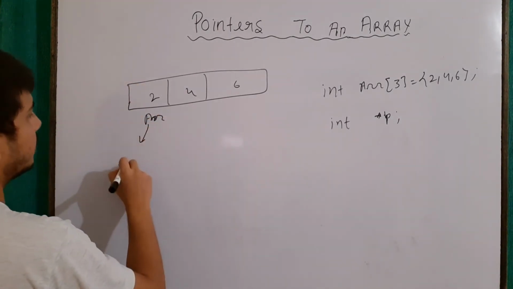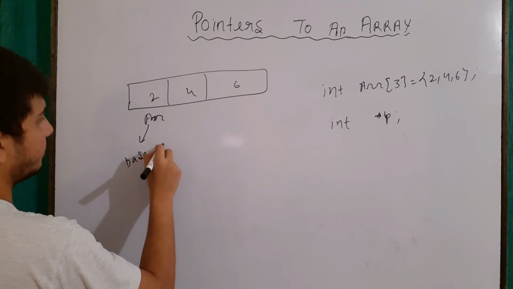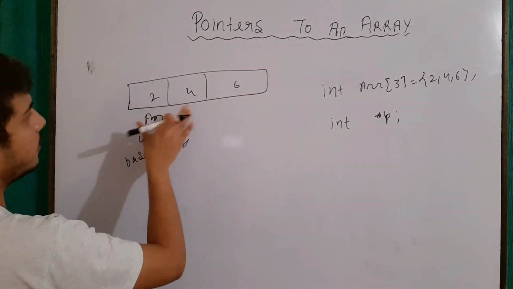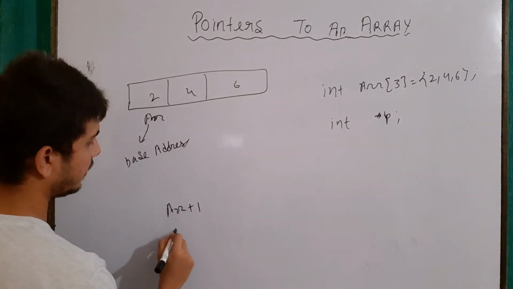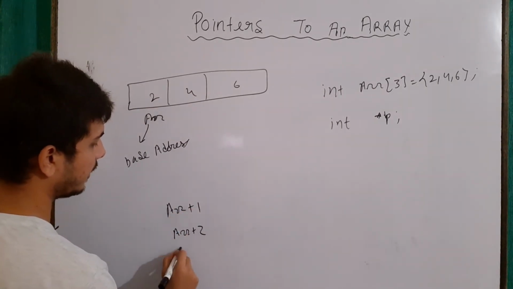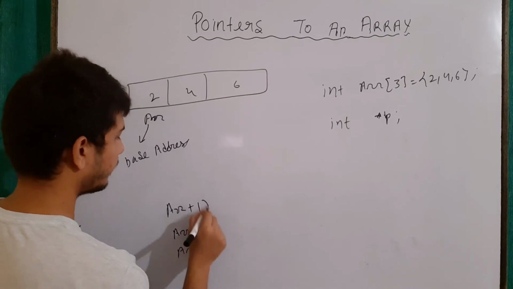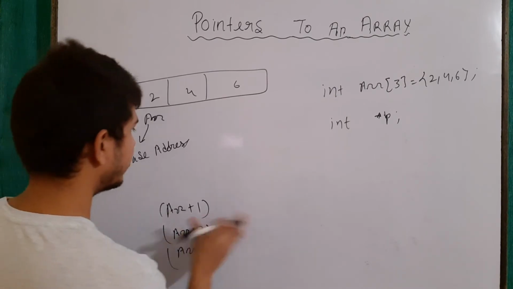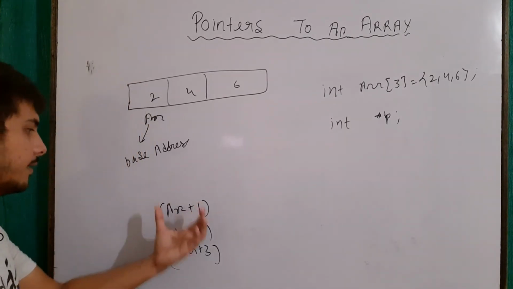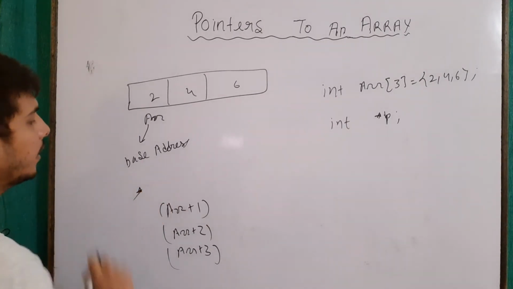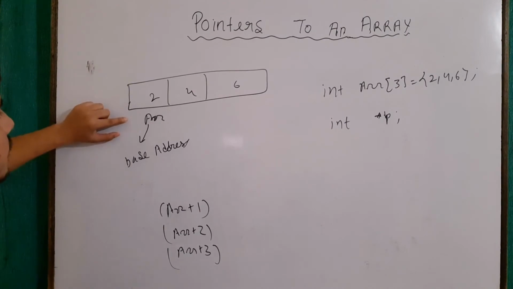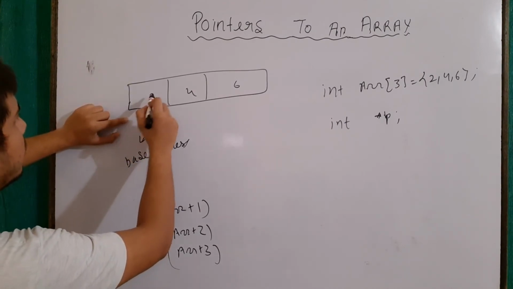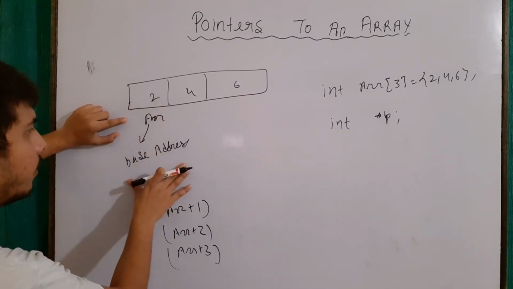So this is our base address, and to access adjacent locations, what we do is array plus 1, array plus 2, array plus 3. For accessing the value we also use the dereferencing operator, right? So currently this is treated as the address of a normal variable.